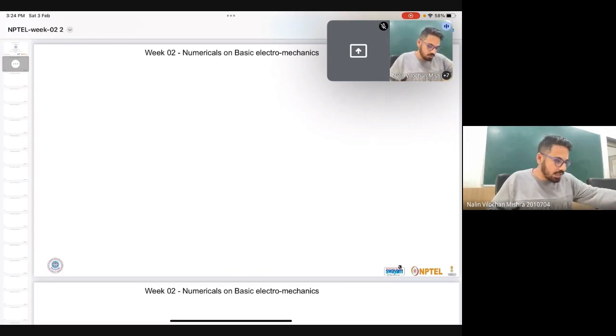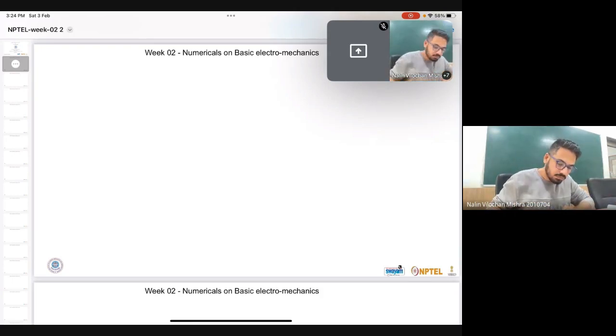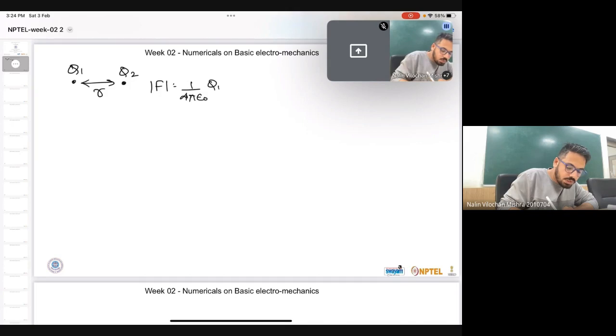Okay, so I'll start by first revising the basics. If there are two charges, Q1 and Q2, separated by the distance r, then we can write the electrostatic force as 1 by 4 pi epsilon naught, Q1 Q2 by r square. And what about the electric field?